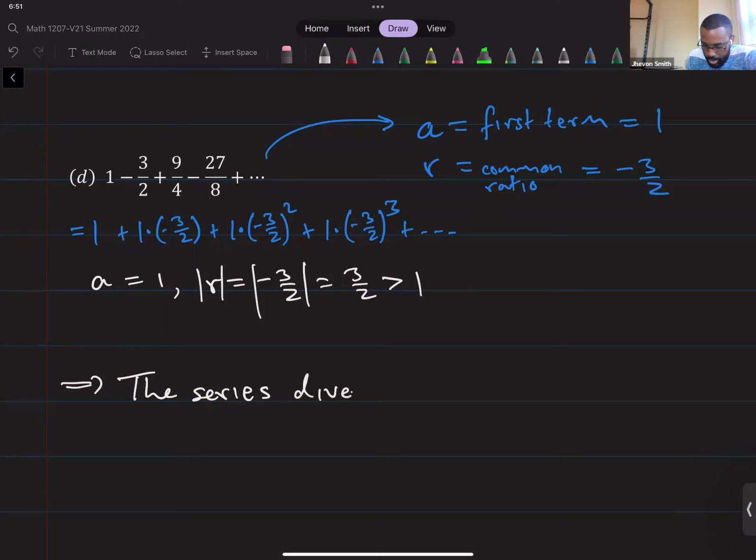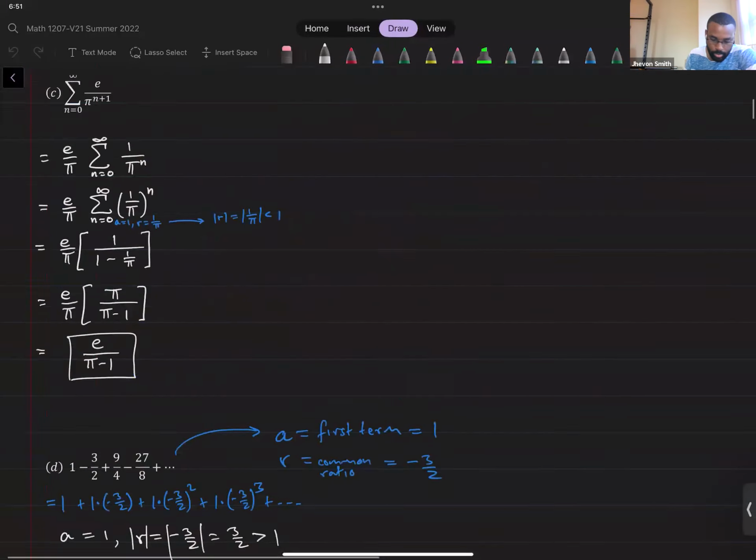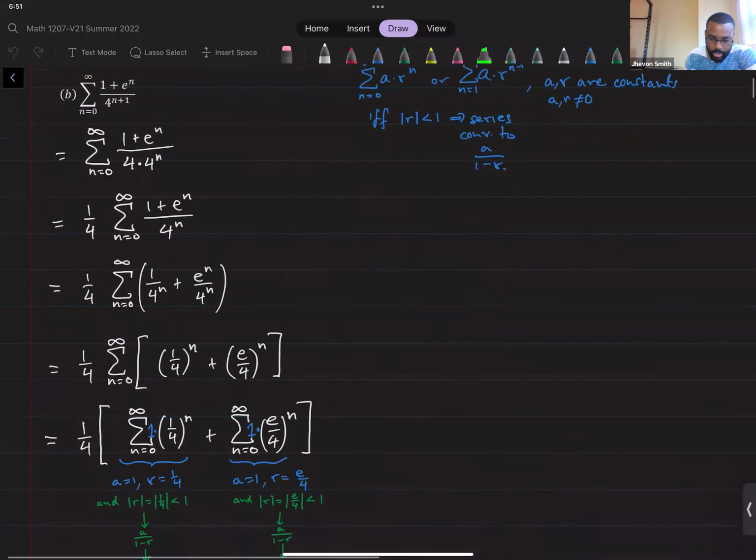It converges to nothing, it diverges. Because your R in absolute value is greater than 1. So those are the last remaining examples for geometric series.